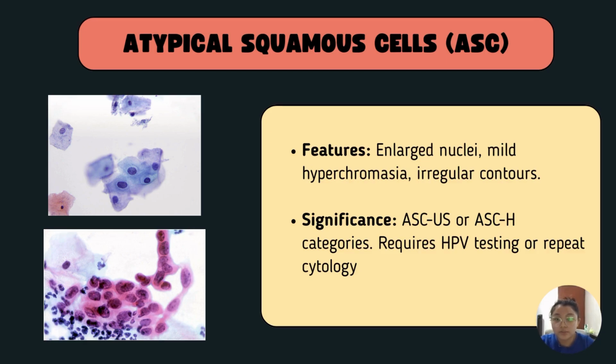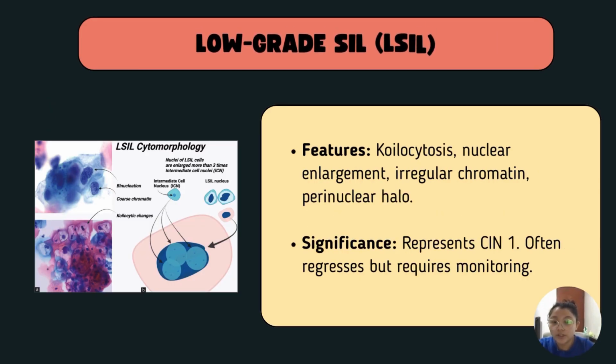Usually, these require HPV testing or repeat cytology. Low-grade intraepithelial lesions show enlarged, hyperchromatic nuclei with perinuclear halos known as koilocytosis. LSIL corresponds to CIN1, often HPV-related, and may regress spontaneously but still requires monitoring.